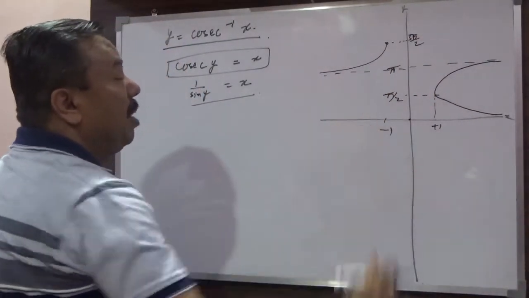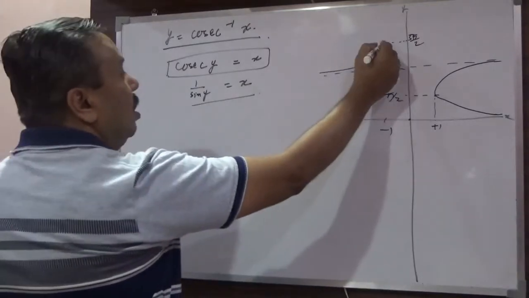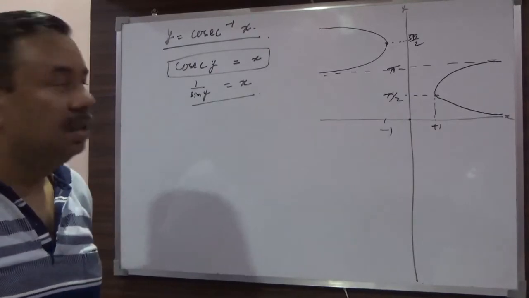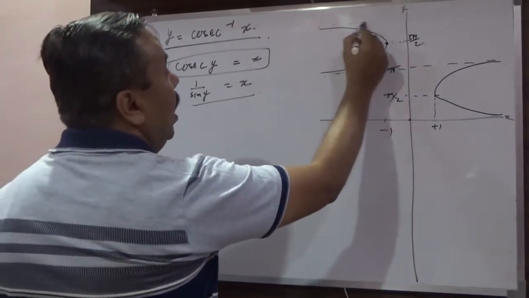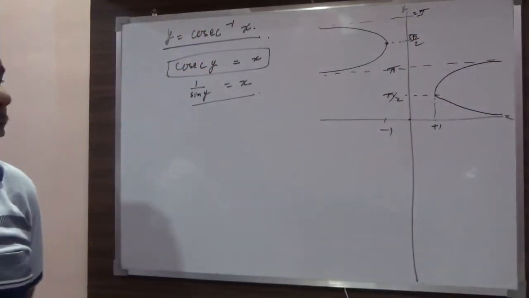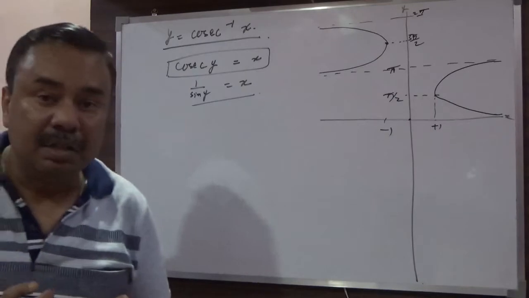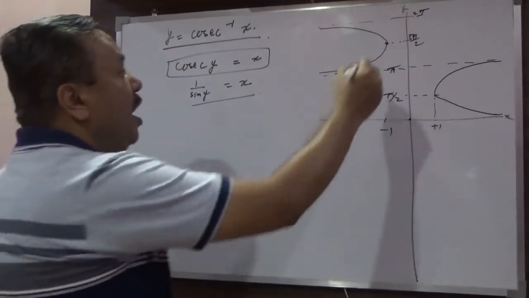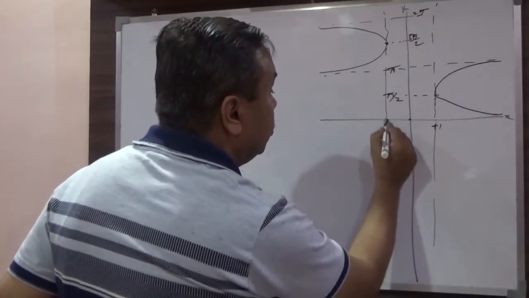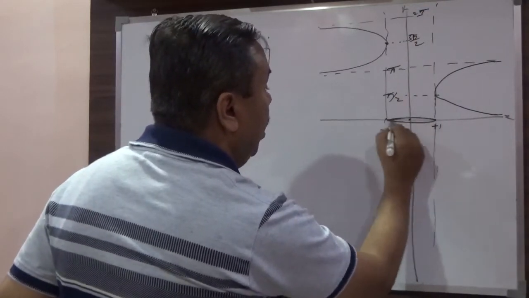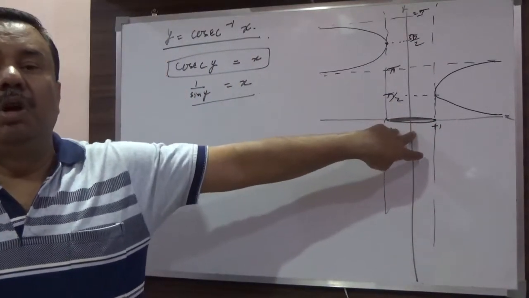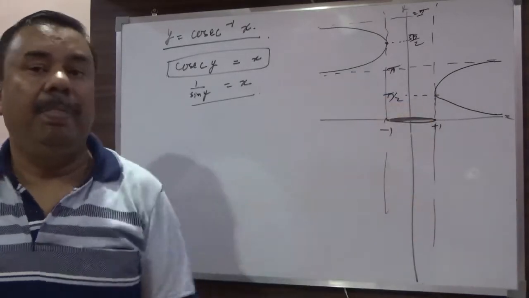This minimum value will be minus 1, and there it will go on, and at 2 pi it is once again infinite. So what you are seeing is that the value of y is not coming in this area. Nowhere under this range is the value of y coming.